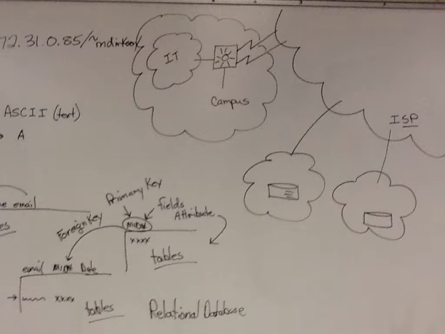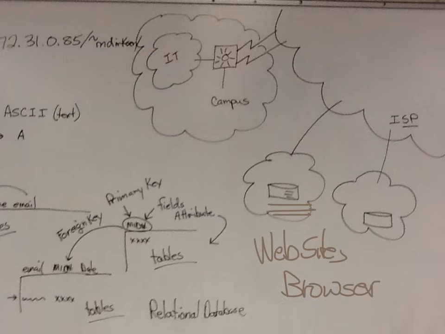We talked about how nowadays these databases can sit out here in websites, and then we can use a browser to access the information. We do that a lot, right? We can come in from an internet service provider and we can access the database.